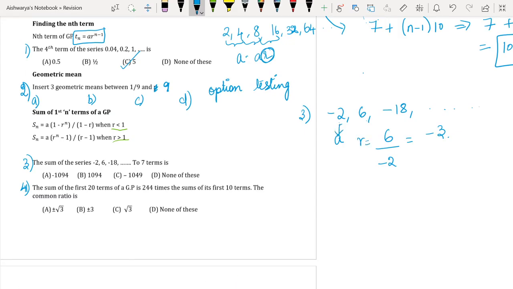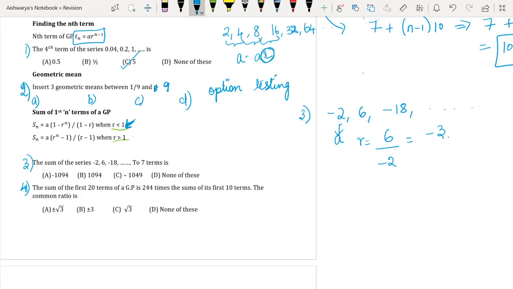R value is -3. The moment we have got R value, we are going to find the sum of 7 terms. So we will use formula number 1 or formula number 2. Not formula number 2, we will use formula number 1 because this is R less than 1.